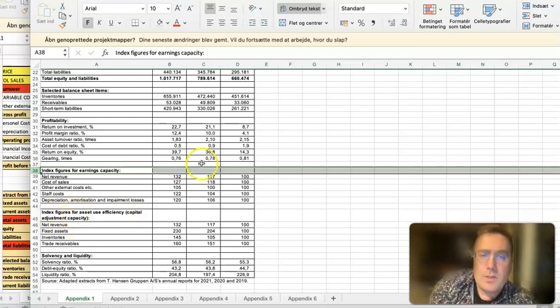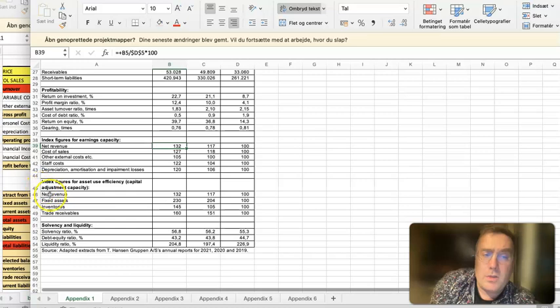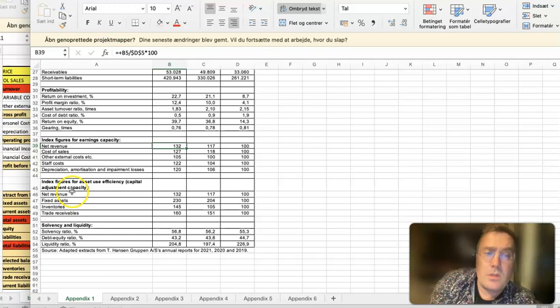You're supposed to compare net revenue to cost of sales, then net revenue to other external costs, net revenue to staff costs, net revenue to depreciation, and then a conclusion. Then you continue: net revenue to fixed assets, net revenue to inventories, net revenue to trade receivables, and then you conclude on that.